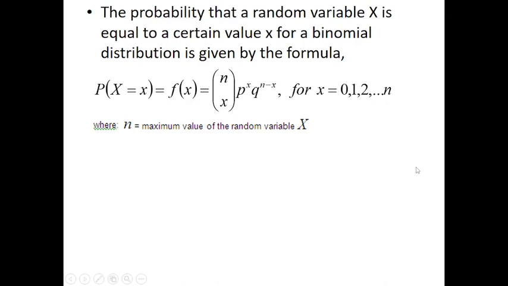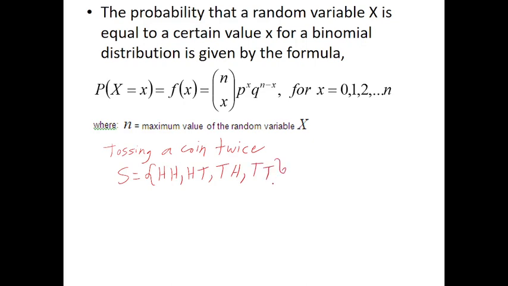Now before we proceed to a problem, let me give you an example. Let's say I toss a coin, tossing a coin twice. The sample space has the outcomes head head, head tail, tail head, and tail tail.